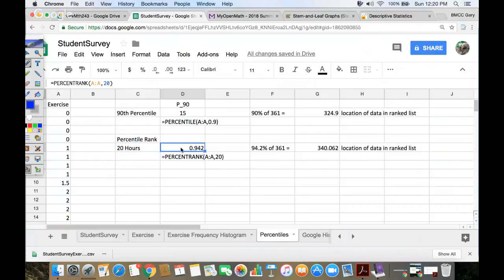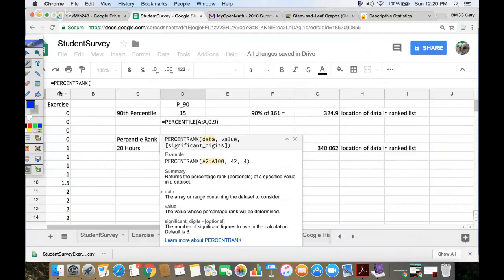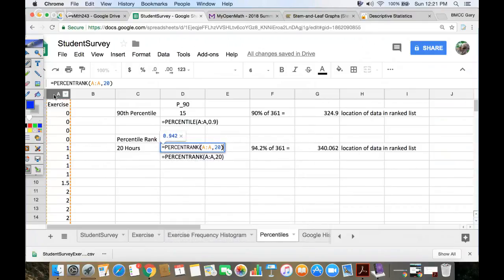This is backwards of the problem above, percentile rank. It says grab the data, and then what number in the list are you looking for? I'm looking for the number 20 in the list. And Google says that ranks at 94.2. So that means 94.2% of the students exercise 20 hours or less each week.